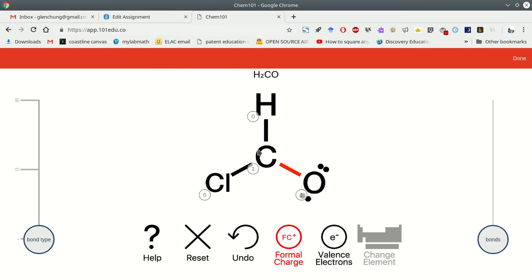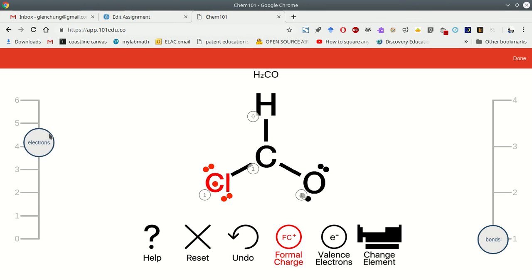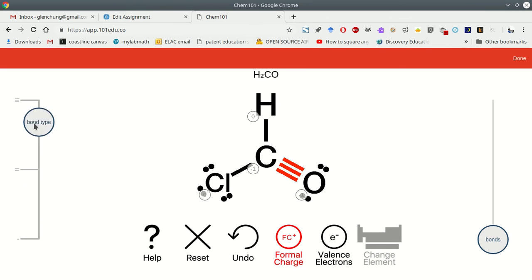If you needed to draw the Lewis structure for that, how would you know that you should make the double bond here with the oxygen? How would you know that that is correct instead of making the double bond here?